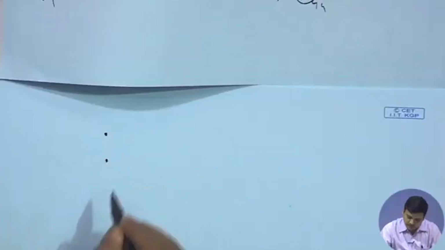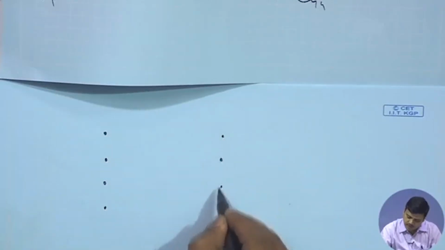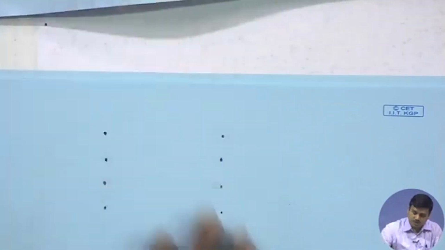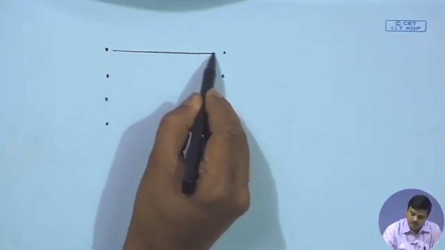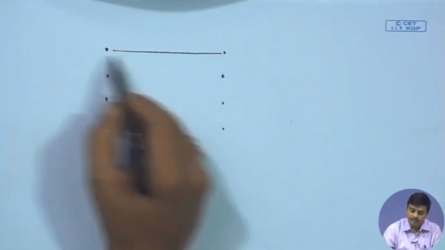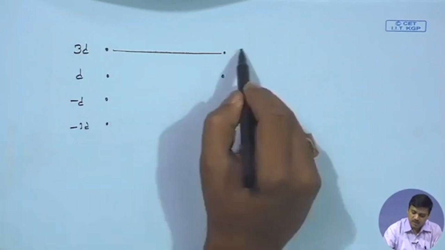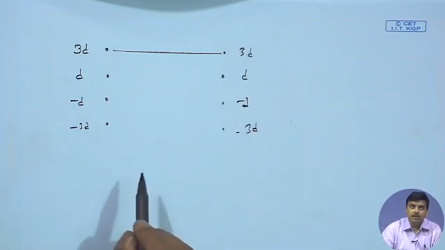A quick example: suppose I have 4 possible source symbols and 4 possible destination symbols. Let these be 3D, D, minus D, minus 3D on both sides.